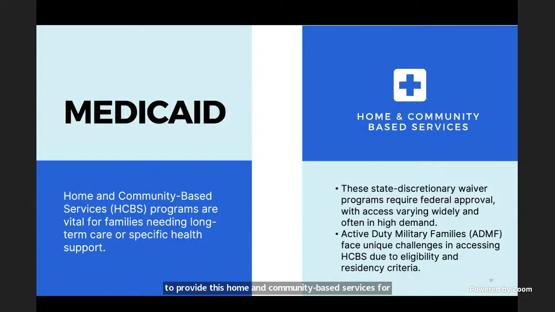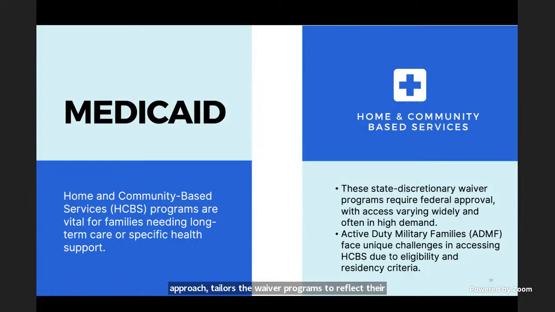And what we have across the country is a patchwork of waiver programs. It's not a uniform set of programs. It's a patchwork of programs. And each state has its own approach, tailors the waiver programs to reflect their specific desires and actually the politics of the state as well.